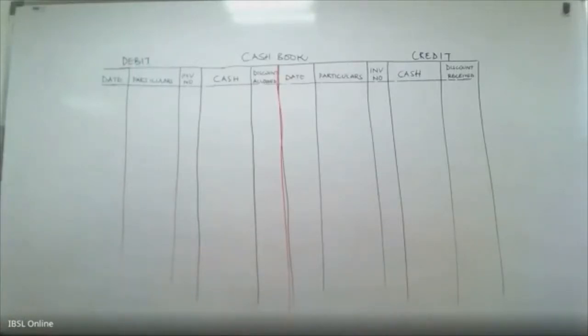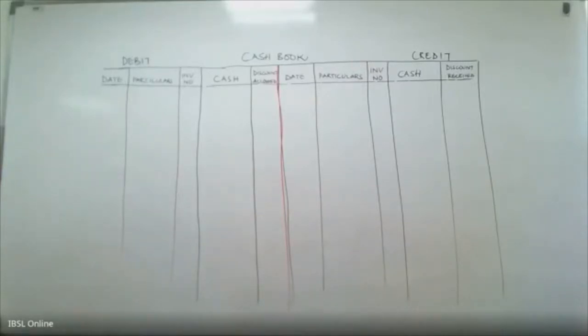But if you go to one of the previous slides that I showed you, in a company, you can have transactions for receipts and payments in two forms. One is your cash, second is in the form of a check. Can you remember? I specifically spoke about payments or receipts happening in two forms. One is the physical cash that you may use, the other being the use of checks.